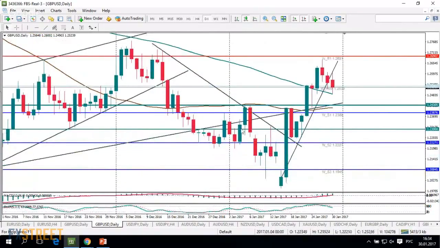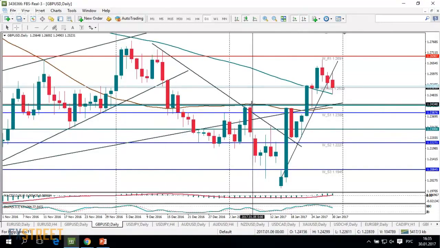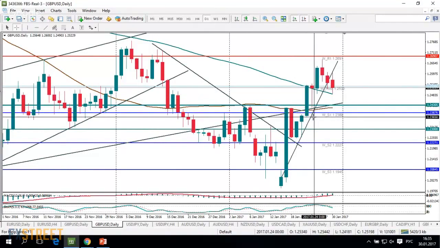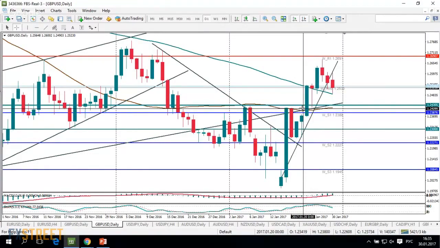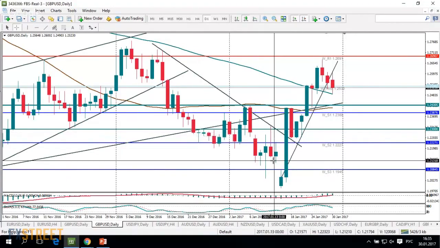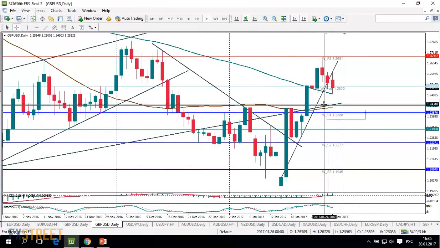If we look at the daily chart, someone may take this movement of the British pound as an attempt to form an inverse head and shoulders pattern. In my opinion, it still doesn't look very regular. It is more like a congestion of candles, so we can't be sure about that.